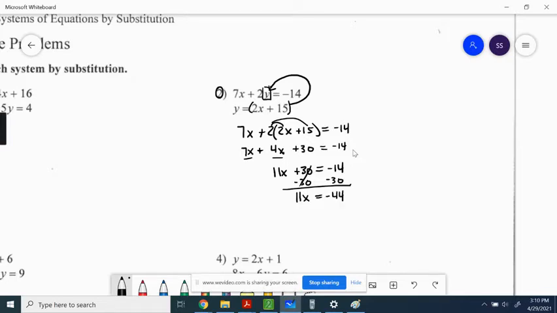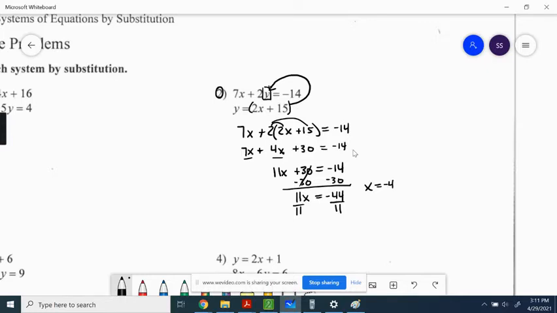I suggest you use your calculator with these just so you don't make any mistakes with the signs. And now I want to get the coefficient in front of x equal to 1, so I will divide by whatever that coefficient is on both sides. And I'm left with x is equal to negative 4.